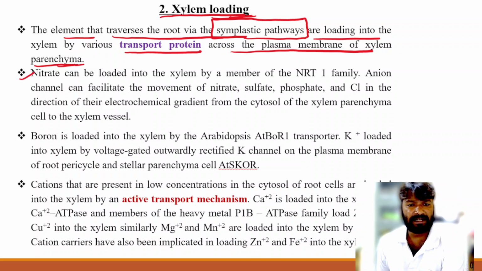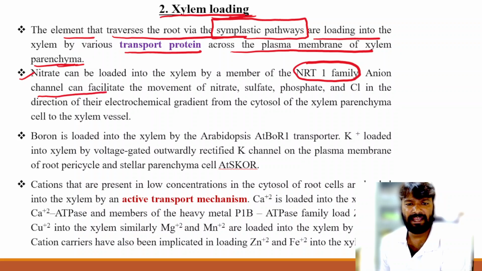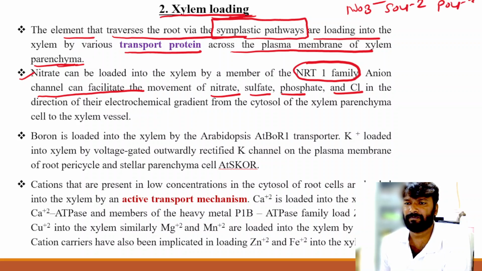So nitrate can be loaded in the xylem by a member of the NRT1 family of transporters. Okay, so NRT1 are important for the transport of nitrate into the xylem, and anion channels can facilitate the movement of nitrate, sulfate, phosphate and chlorine. Okay, तो anion channels पे कौन कौन से आपके nitrate, okay, sulfate, phosphate, okay, then chlorine.